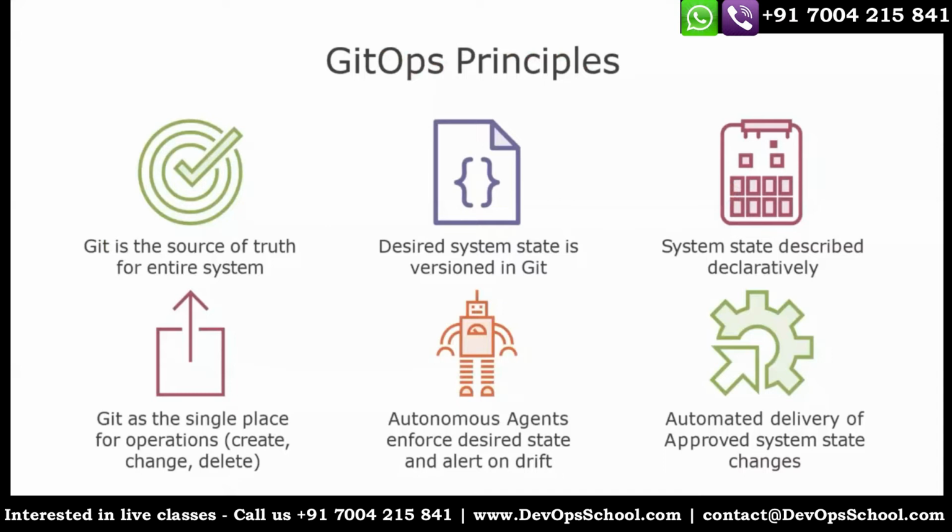There are some principles for GitOps. One of them is that Git is the source of truth for the entire system. When I say source of truth, what do you understand? Any one of you, just put some reference. Yeah, reference state.